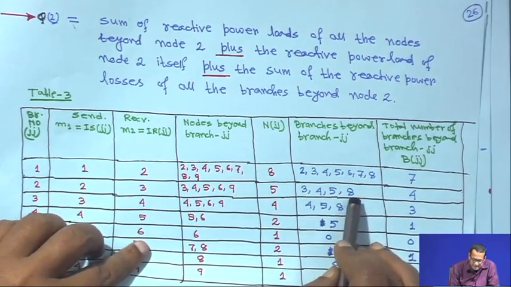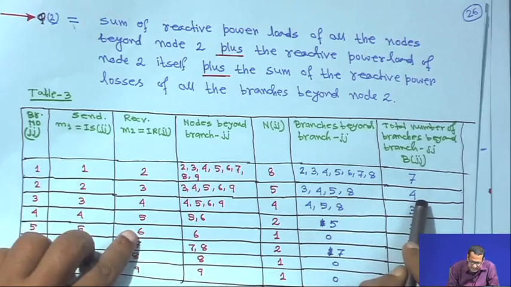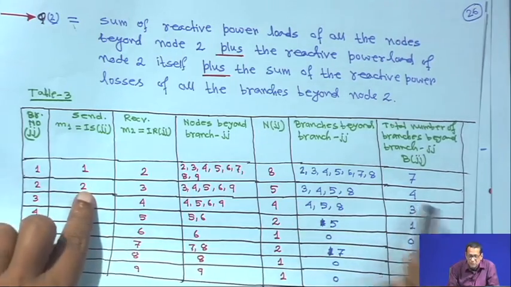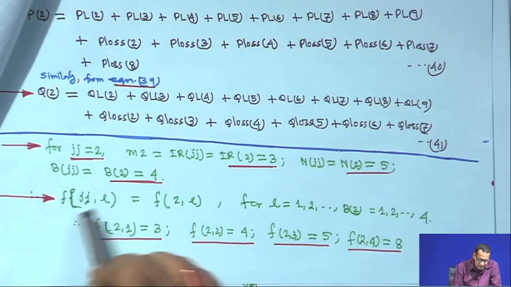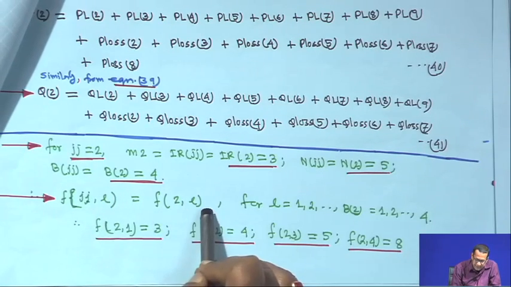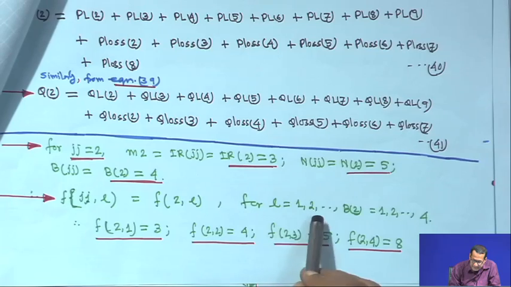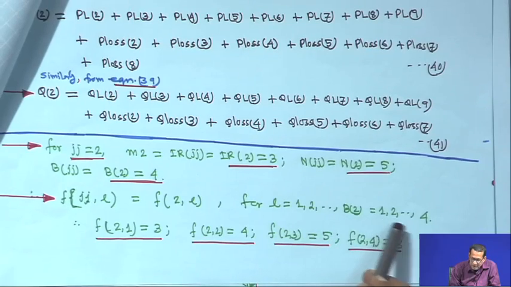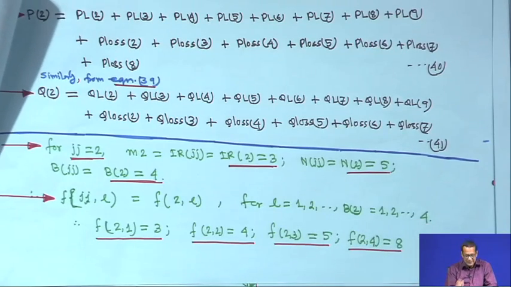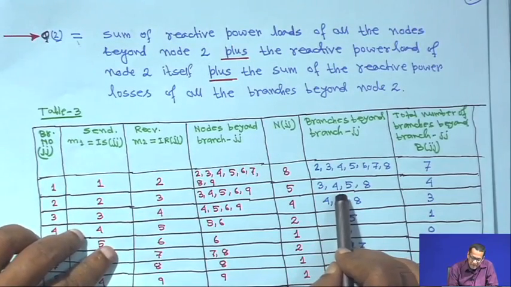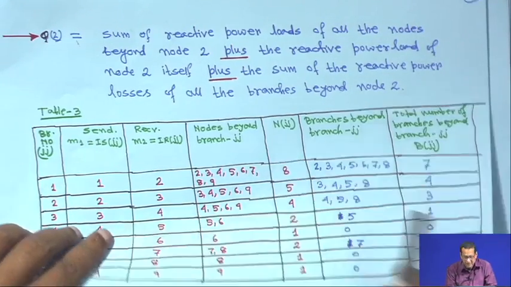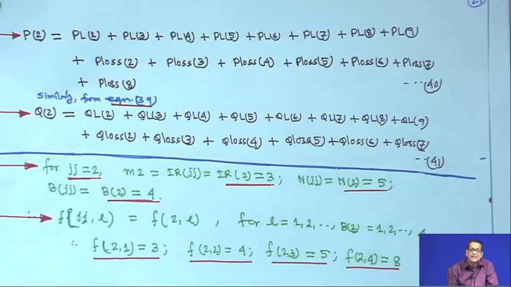There are 4 branches, 3, 4, 5, 8, and B_jj is equal to B2 is equal to 4. Now, the F_jj matrix, F2L, with L varying from 1 to B2, that is 1, 2, 3, 4, there are 4 elements. So, F21 is 3, F22 is 4, F23 is 5 and F24 is 8, right. So, these are all 4 elements.